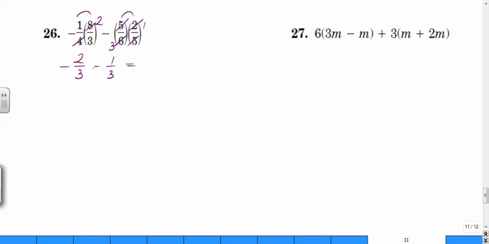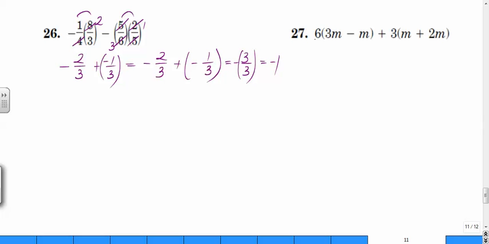Okay? Well, when you subtract any real number, you're adding the opposite. So your problem now becomes negative 2/3 plus negative 1/3. What is the rule? Add their absolute values. 2/3 plus 1/3 gives me 3/3, right? And keep their sign. But 3/3 is nothing else but 1. So the answer would be negative 1.